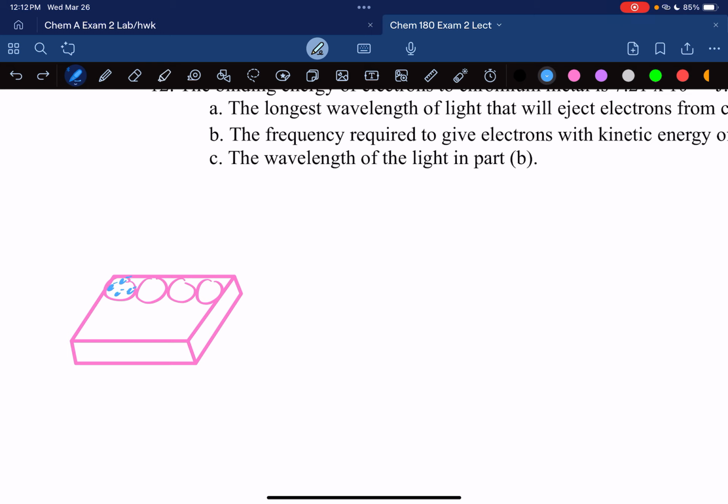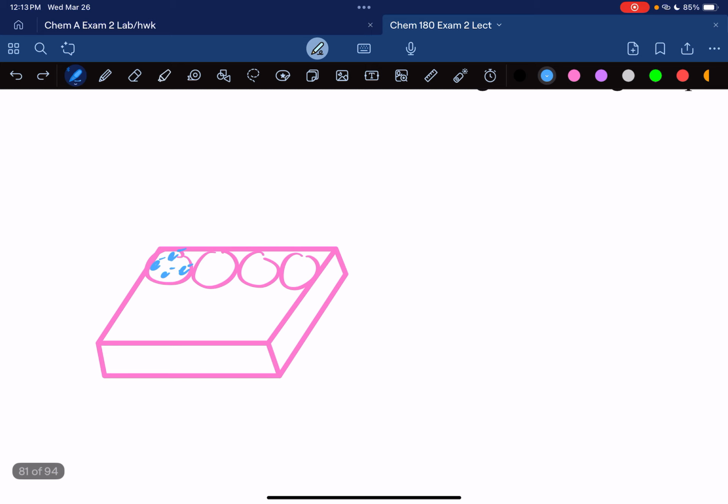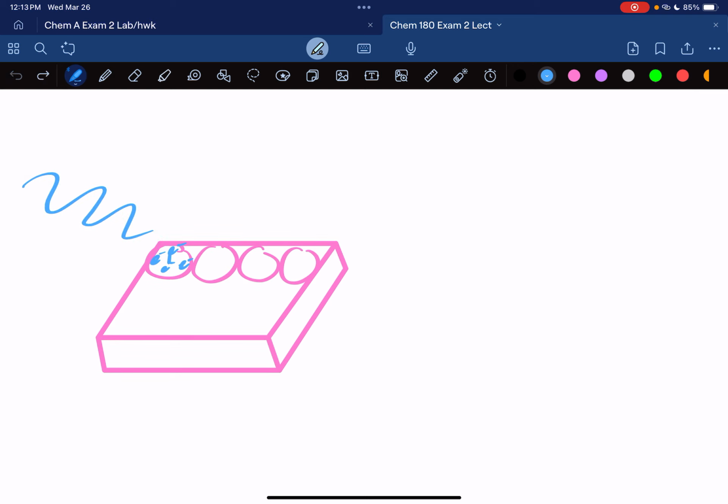In order to eject that, because there is some force holding them onto the surface, you can have light coming in to try to kick it out. First you have to overcome the energy that's holding it onto the surface, and then any excess is transferred to the metal. So there's a minimum energy we need to overcome.